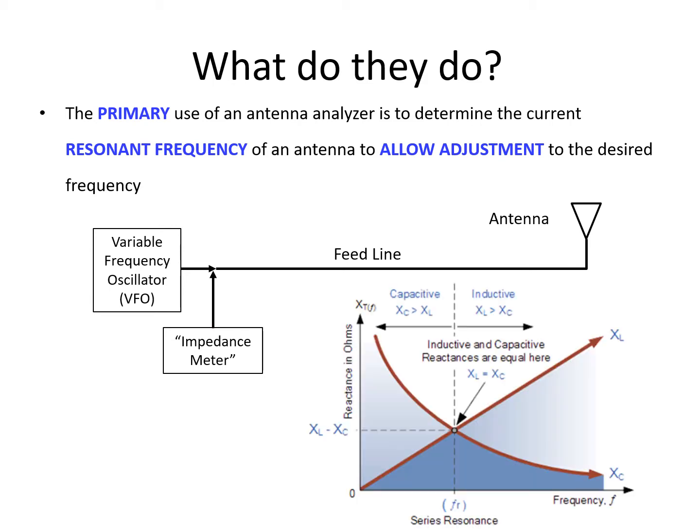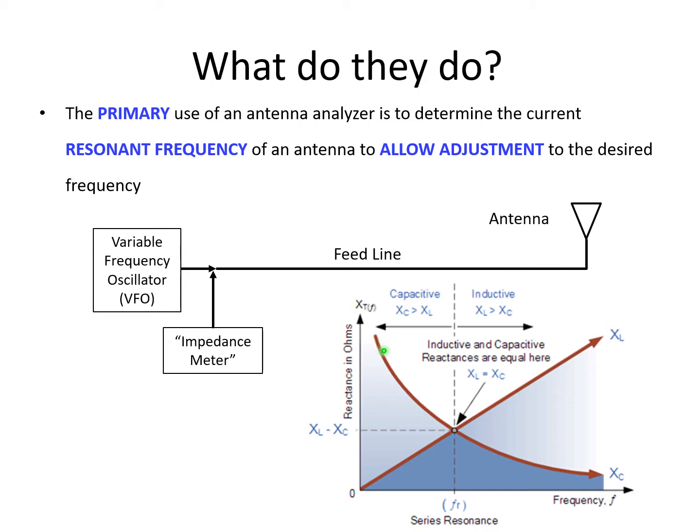And to illustrate that, we'll take a look here at a graph that you may remember, hopefully, from our general class studies, where we took a look at impedance as a function of frequency. And we'll start here with the capacitive reactance. And we know that at low frequencies, the capacitive reactance is high.